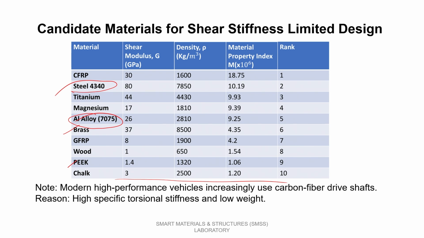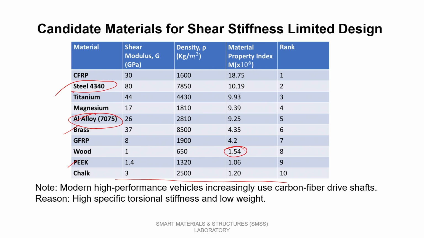I want to tell you two interesting observations. One is that GFRP and wood, wood has 1.54, it is not so much out, and hence most of the model aircraft actually use wood, because that gives you a good shear stiffness for a stiffness limited design.